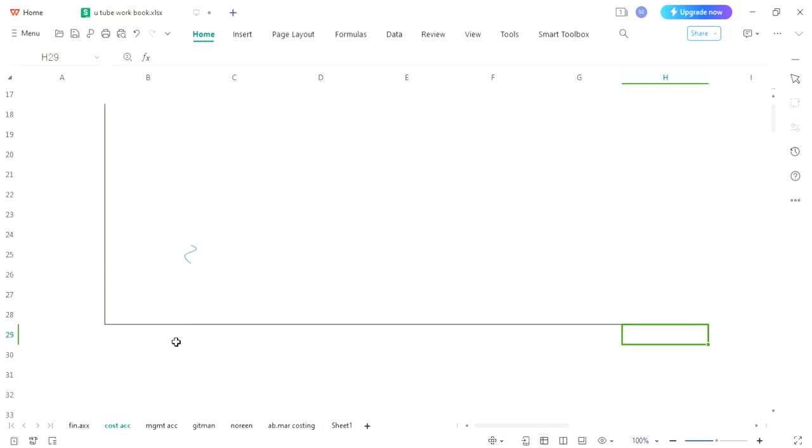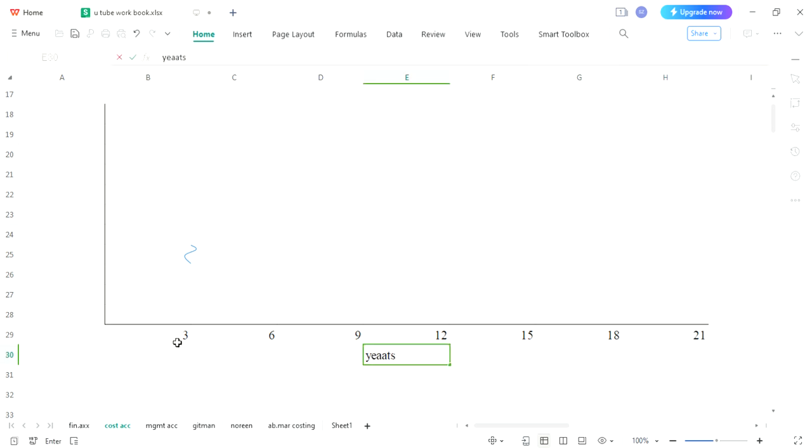So let's start our work. Years would be mentioned over here: 3, 6, 9, 12, 15 and 18. The total number is 20, so the last one, 21, would also be needed. Here you have mentioned your years.